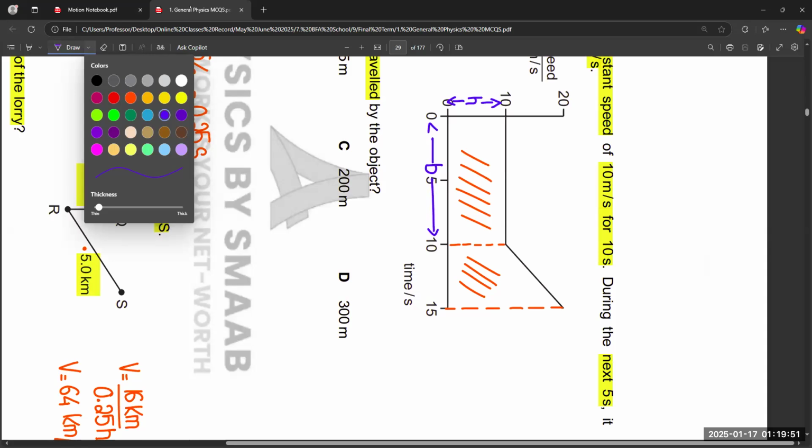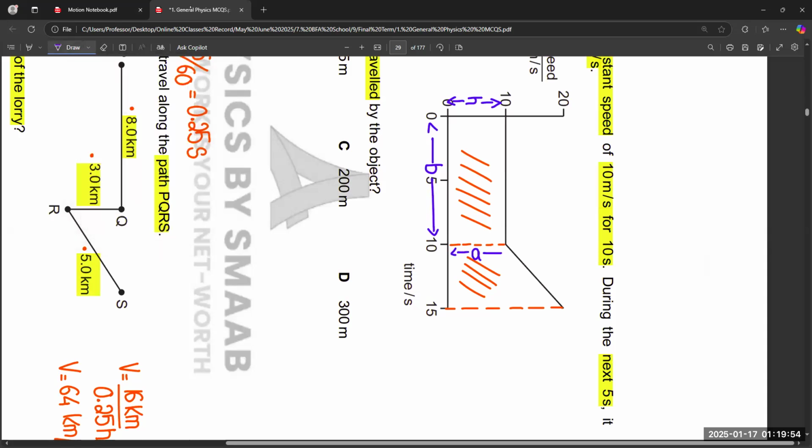The first one, the small one, equals a, and this one equals b. And this one is the height which is perpendicular. So in this way, you need to mark your trapezium.